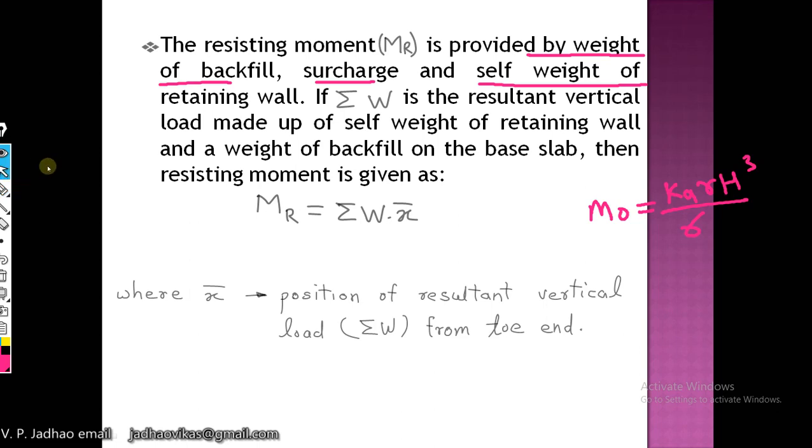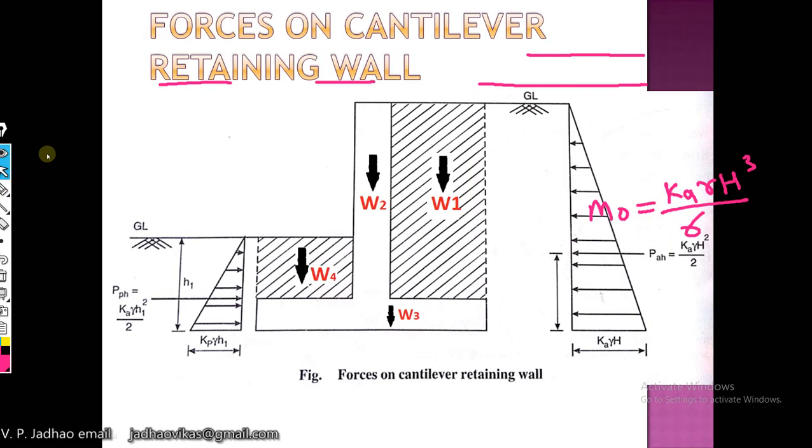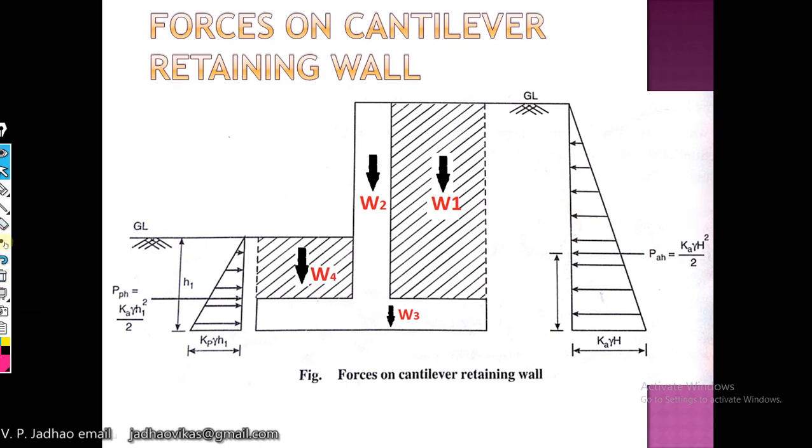Here I have already told you that this pressure intensity will be destabilizing, that is, it will cause the overturning moment, whereas the remaining forces, that is W1, W2, W3, are the stabilizing forces.